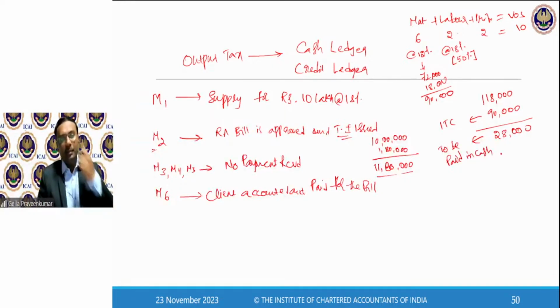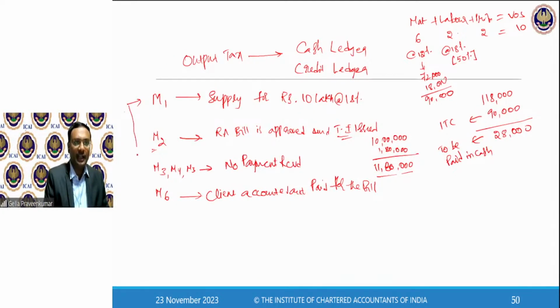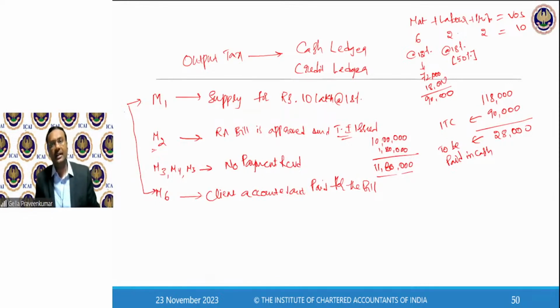Now, most of the civil contractors would come across this scenario where they commence the work, but there was an inadvertent delay from the client in making the payment. The civil contractor says, sir, whatever little money I have, I've used for purchase of material and labor.